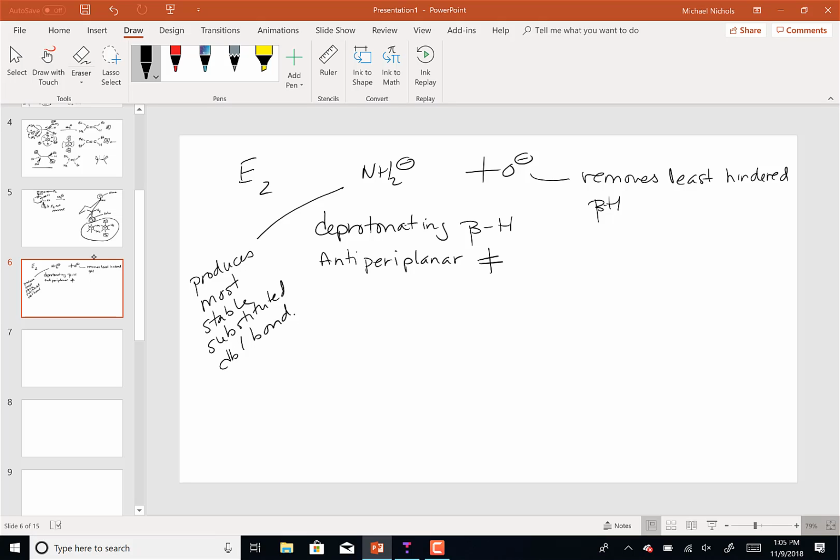It took us a little bit more than 2 minutes, but that's where we're at. Now we want to look at this antiperiplanar geometry from two perspectives: one, a non-cyclic system, and then the cyclic system.